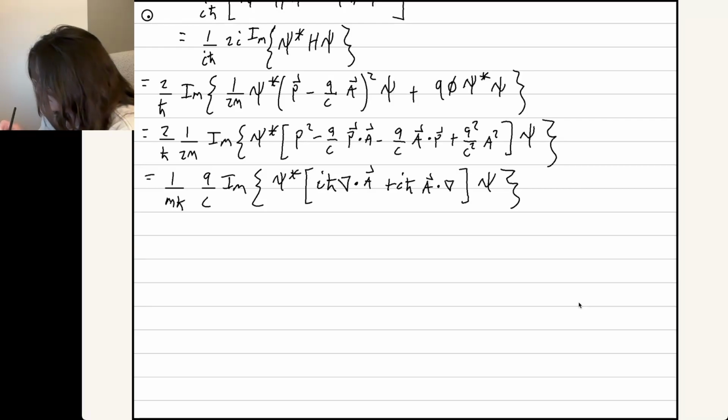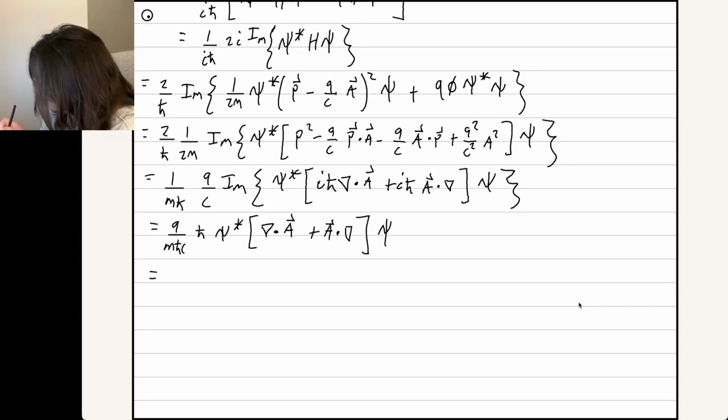Okay, we can factor out an h bar, and now both of these terms are imaginary, so we can just knock the i's off. So you'll have q over m h bar c times h bar times psi star, divergence of A plus A dot gradient psi, and then the h bar gets canceled out.